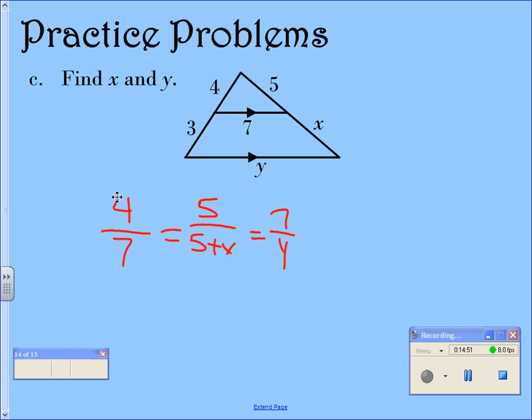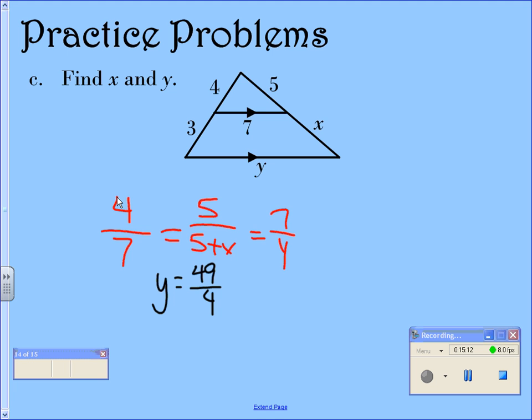So what would you get for y? Will that reduce? They are similar because they have parallel lines. Does that make sense?